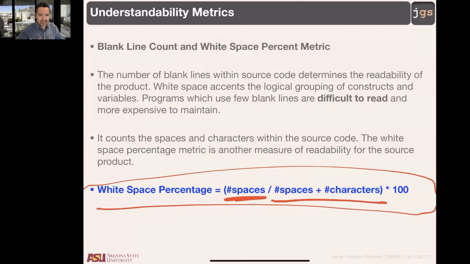And just to be clear, for the total I am talking about the white spaces that we already measured and the other characters. Every single character: how many characters in your document? It's a document, your program. How many characters do you have? And how many of those characters are white spaces? And similar, we're going to transform this to a percentage. So the percentage of white spaces in your document.